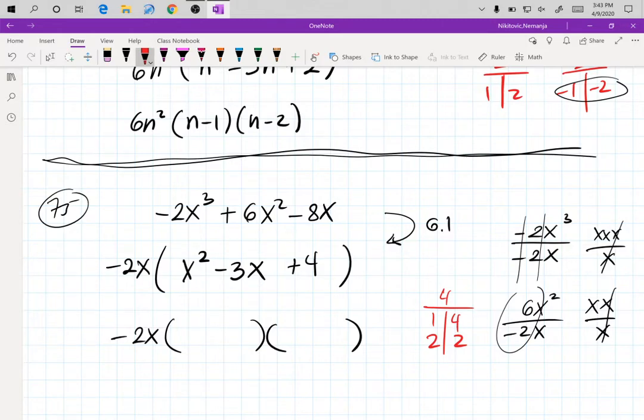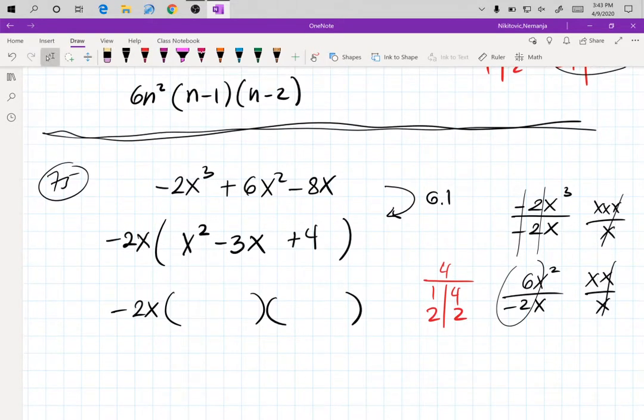Now this is problem 75. In order to keep this positive and have a negative number there, we have to use 2 negatives. So we'll just write the other chart as well.